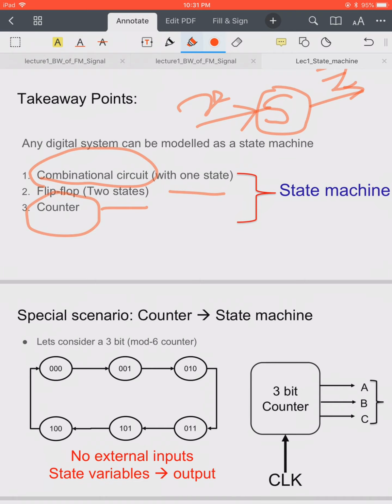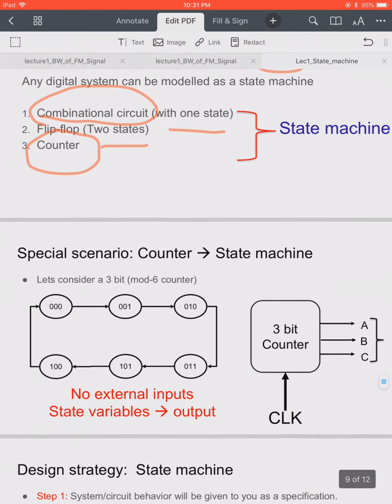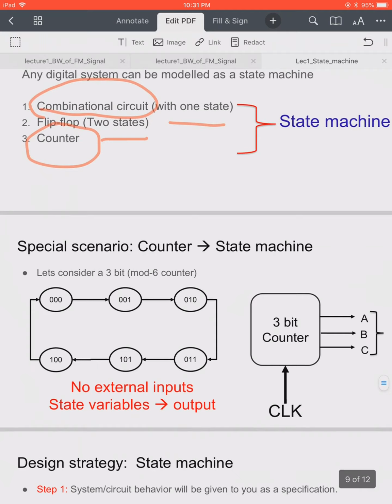Yes, obviously a counter is a state machine, and it is a special type of state machine that doesn't have any external output or external input. It only has a finite number of states, but it is a state machine.